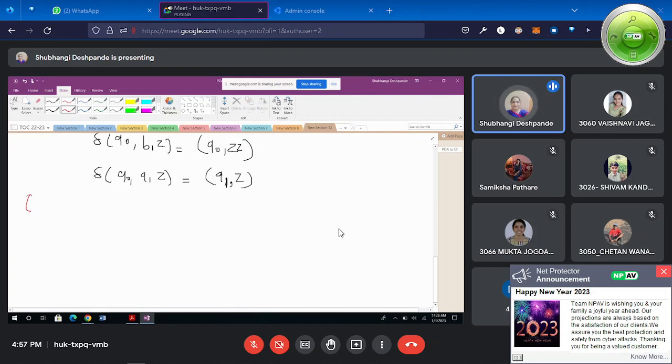So what is the number of states? States are Q0 and Q1. And stack symbols are what? Z and Z0. There are two stack symbols. Now how can you write down the states? States are all Q0, Z0, Q0. So you know how to write down the state.